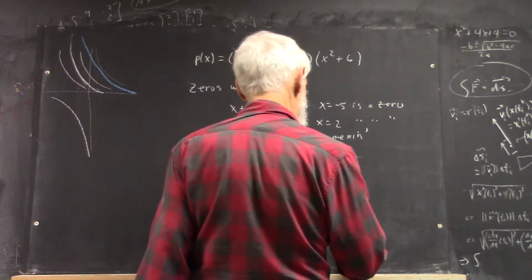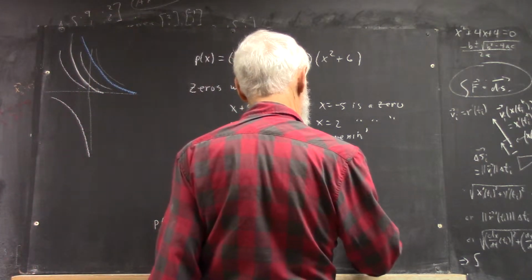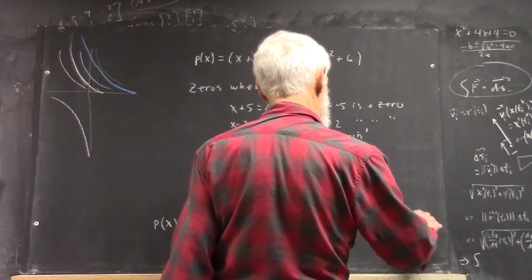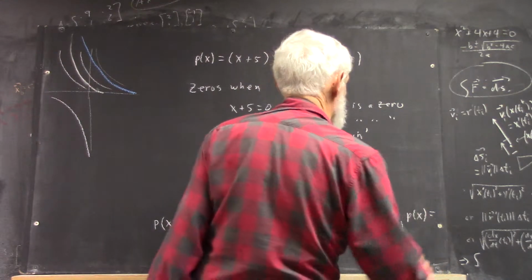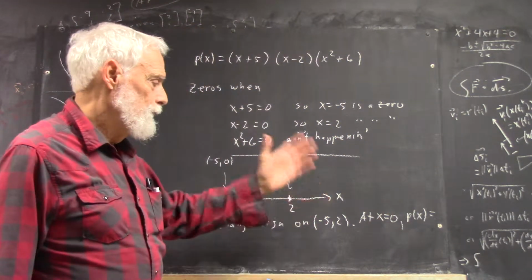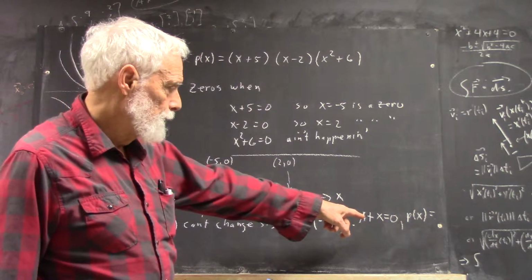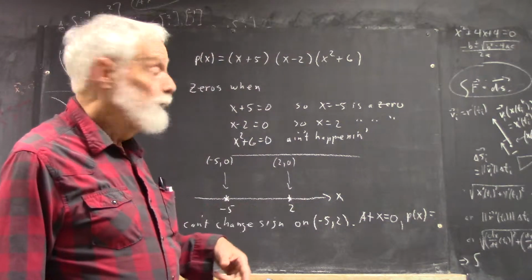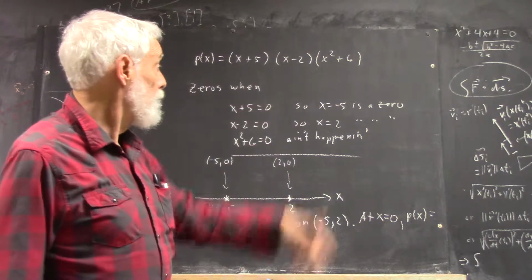So, at x equals 0, why do I choose x equals 0? Well, I'll explain that if I need to. I assume that I need to for some. X equals 0, what's the value of this thing?